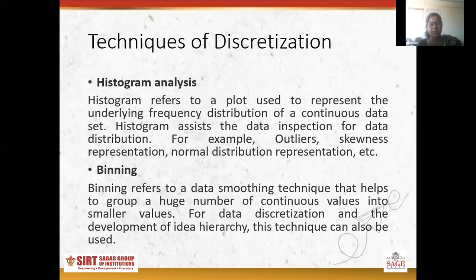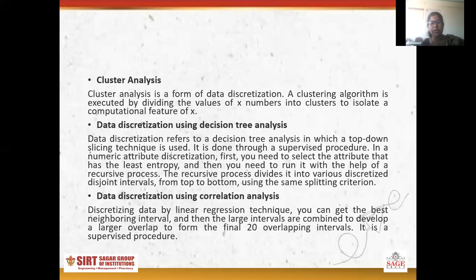Histogram analysis. With the term histogram, you all must have drawn histograms in your graphs. With the help of those histograms, we can inspect the outliers, normal distributions, and the skewness of the data. Binning, we have already studied how we are discretizing using binning.